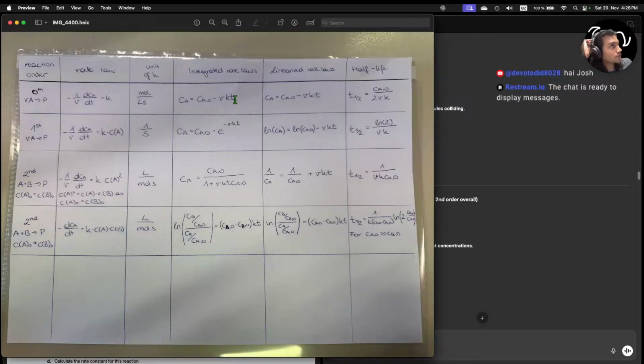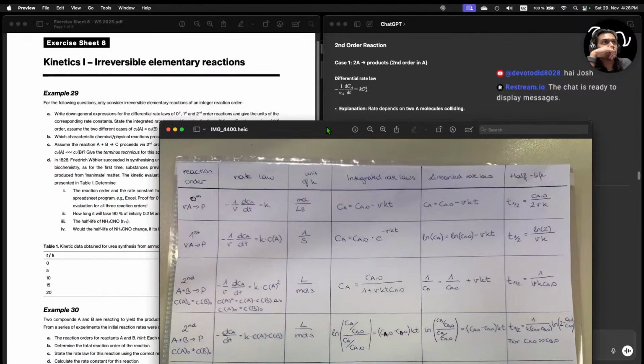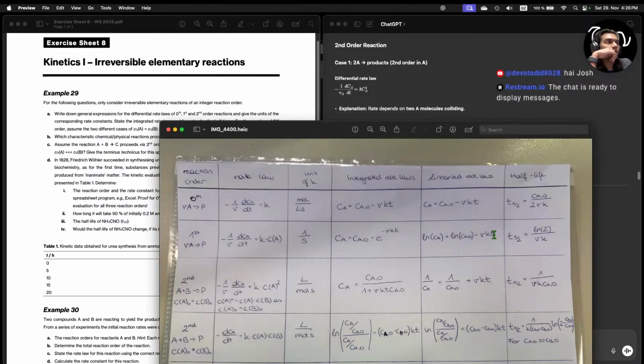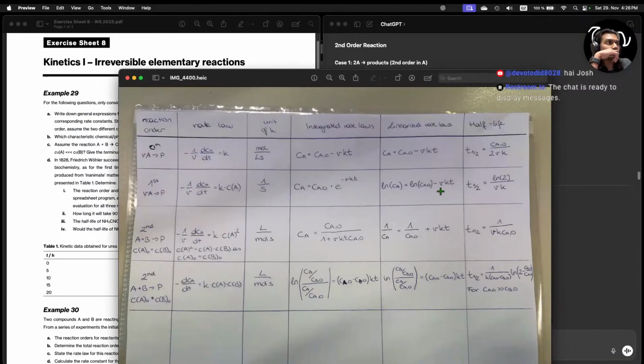Linearized rate law integrated. Was that part of the question? No, I don't think so. What is this actually?